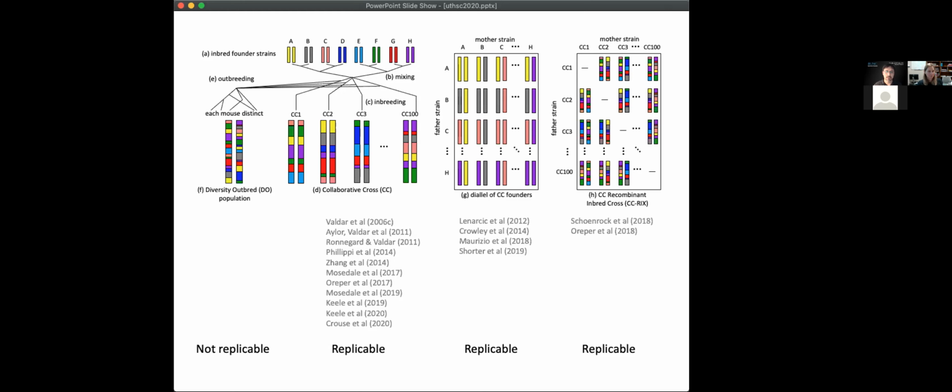So this is not replicable, and it's quite similar to an earlier population called the heterogeneous stocks, although I would argue, and so do most people, that it's a bit better than the heterogeneous stocks. That's a very useful population, but I would say more as a complement to what I'm going to be talking about in this talk.